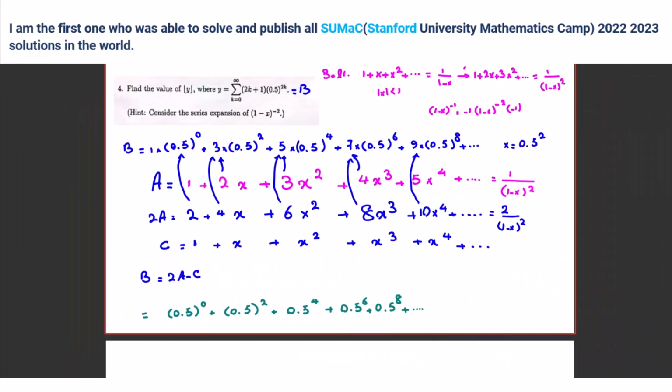Also, is that real value of x or is it like floor? What do you mean? X is 0.5 squared, you replace that, you find y, and then you can find floor of y, right? Yeah, I was just saying because I can't really see the thing around y clearly.